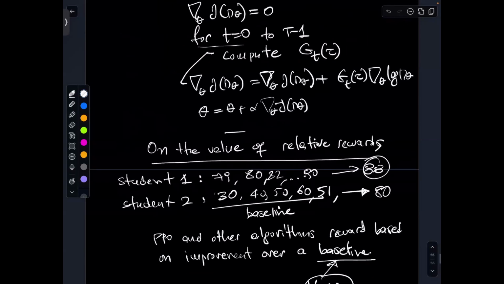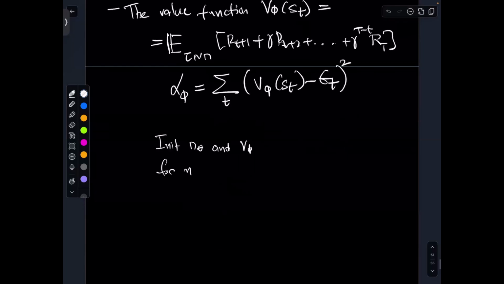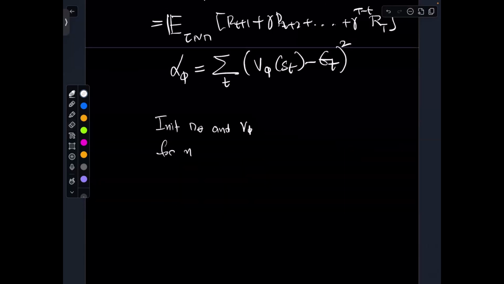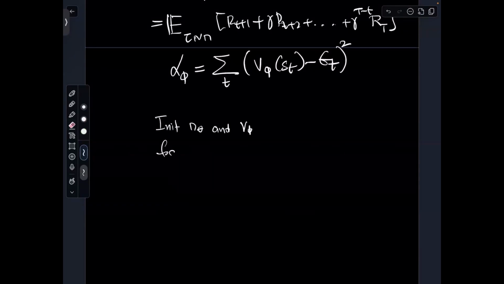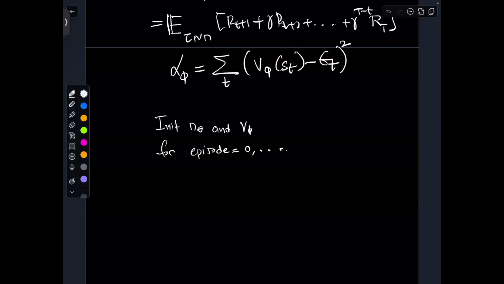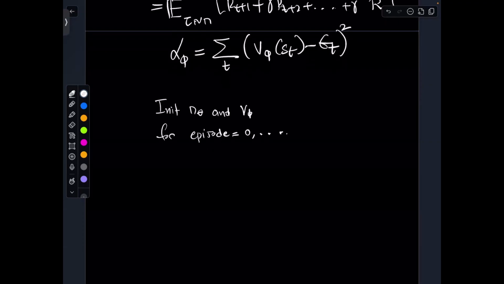So we have episodes from episode equals 0 to whatever maximum number. Collect a set of trajectories.